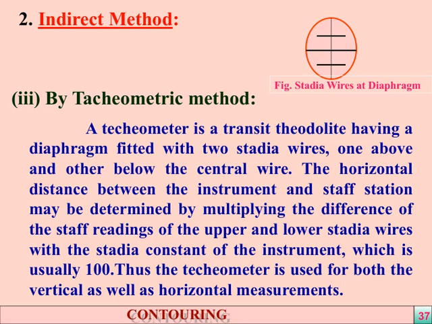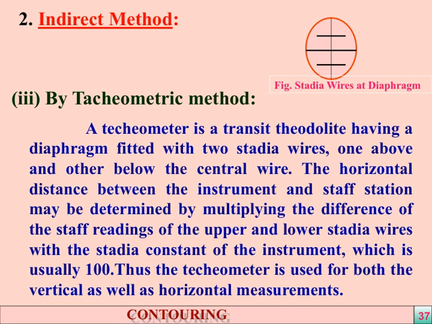Now, let's move on to the second method under the indirect method, which is the tachyometric method. A tachyometer, as you can see, is a special type of transit theodolite. It has a diaphragm fitted with two stadia wires, one positioned above the central wire and the other below it. The key idea here is that the horizontal distance between the instrument and the staff station can be determined quite efficiently.